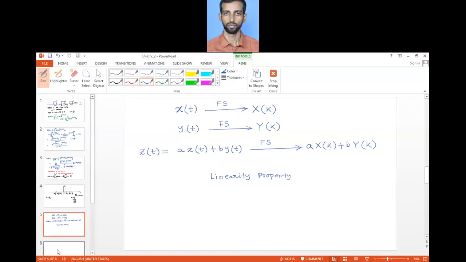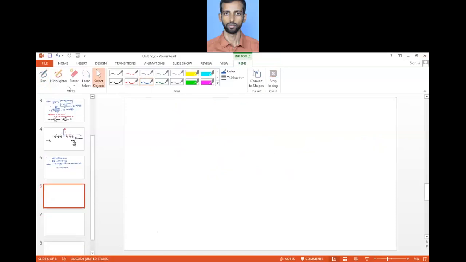Now, if I take a look at the expression for the Fourier series of any continuous time signal x of t, suppose the signal is a real signal, x of t is equal to the sum over k from minus to plus infinity of x of k e to the power j k omega naught t.